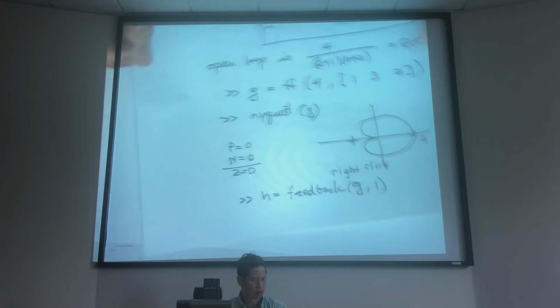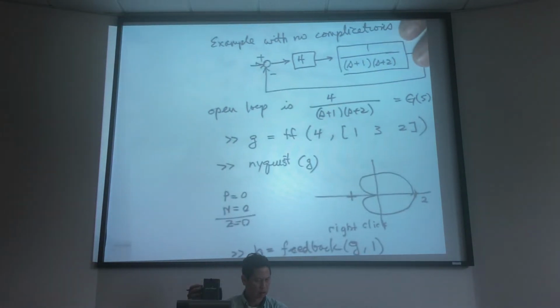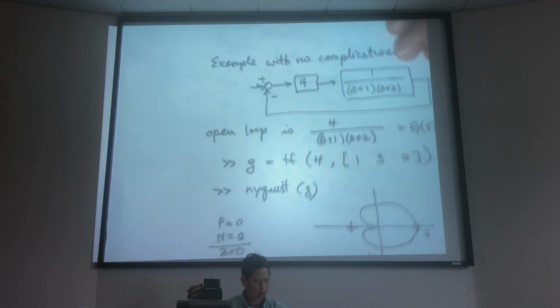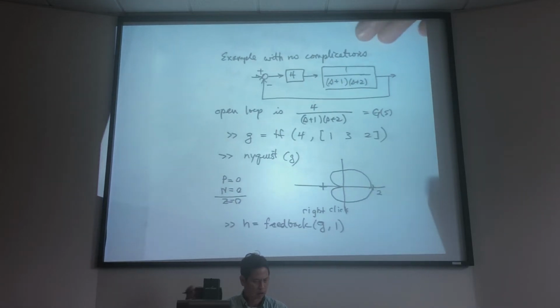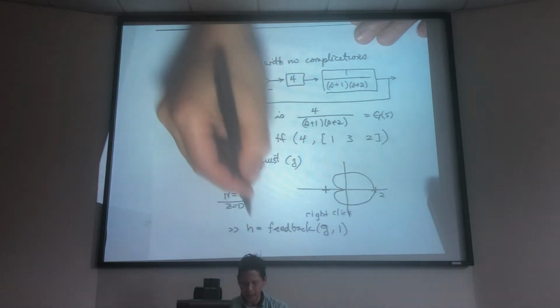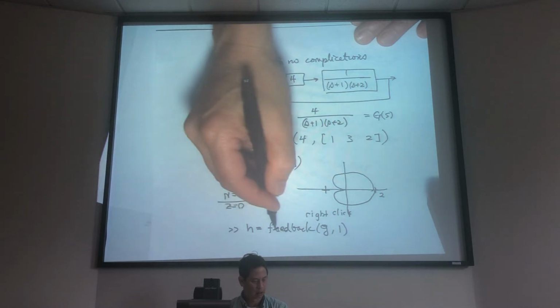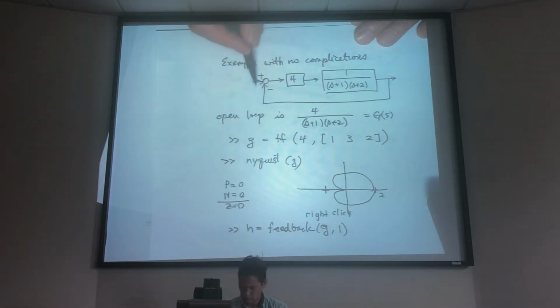Use the feedback command to calculate the model of the closed loop system. We already have the model of the open loop, which is G. So the forward gain is G from here to here, and the feedback gain is 1.